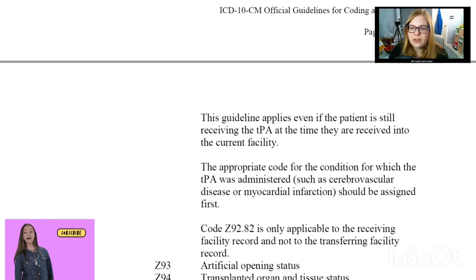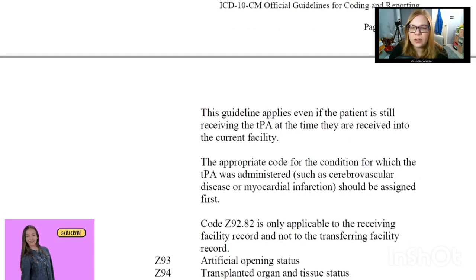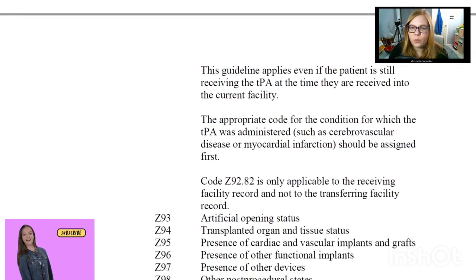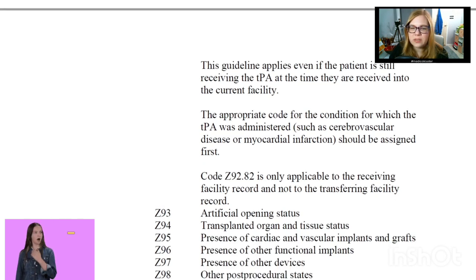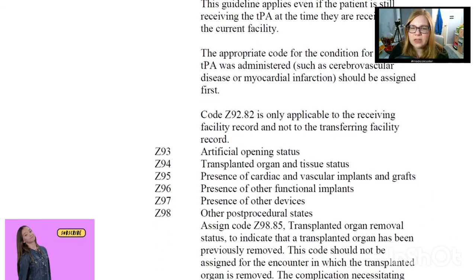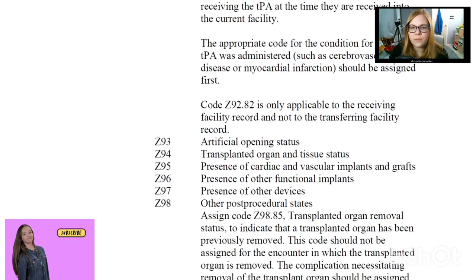The guideline applies even if the patient is still receiving the TPA at the time they are received into the current facility. The appropriate code for the condition for which the TPA was administered should be assigned first. Code Z92.82 is only applicable to the receiving facility record and not to the transferring facility record.